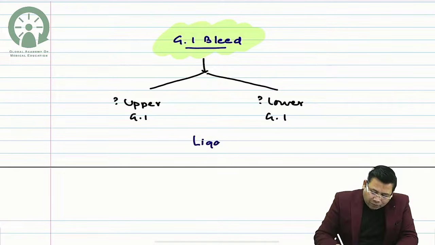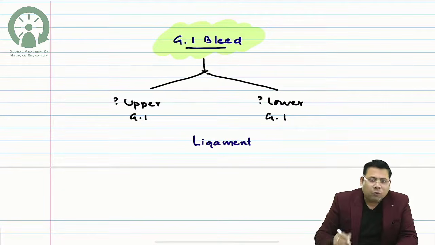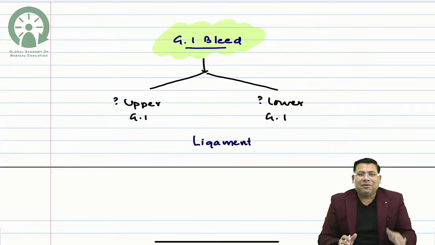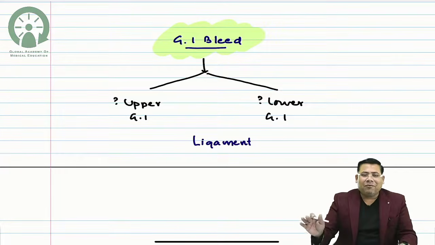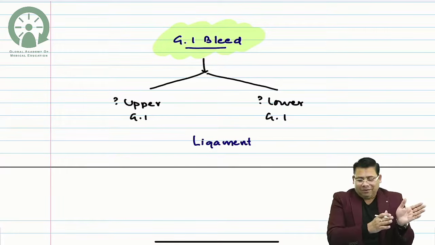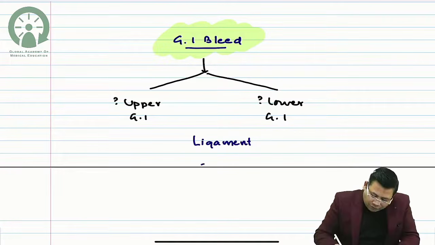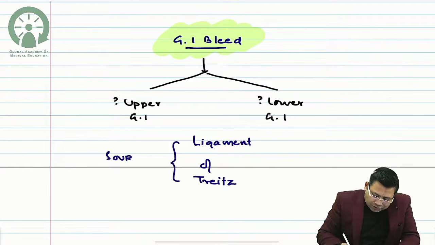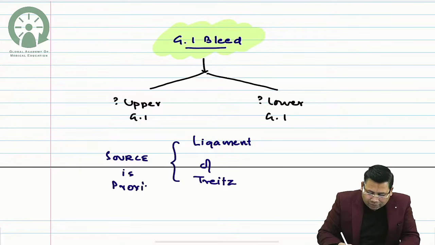If the source of bleeding is proximal to the ligament of Treitz, it's upper GI bleed.